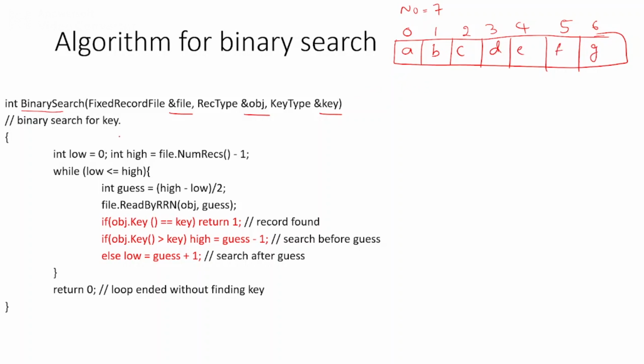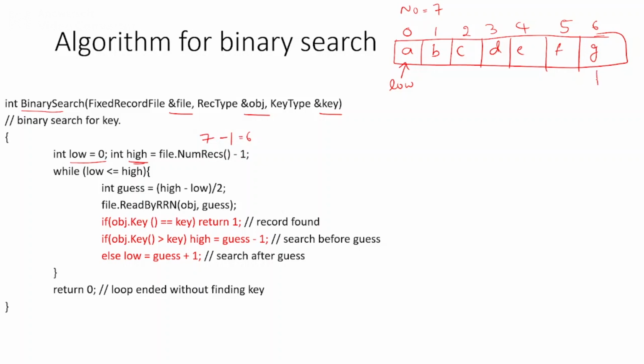Now our binary search procedure starts with making low equal to 0. So we are taking a pointer called low and pointing it to 0. We take one more pointer called high, and we point it to file.numRecords minus 1. That is the number of records, 7, minus 1, that is 6.